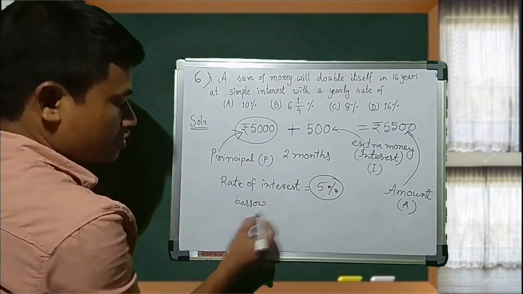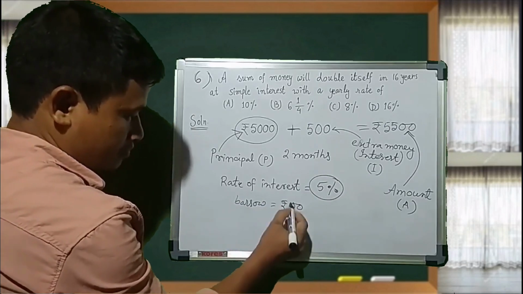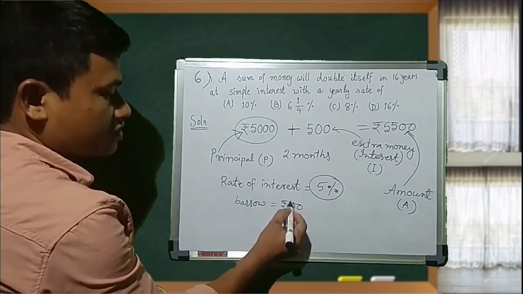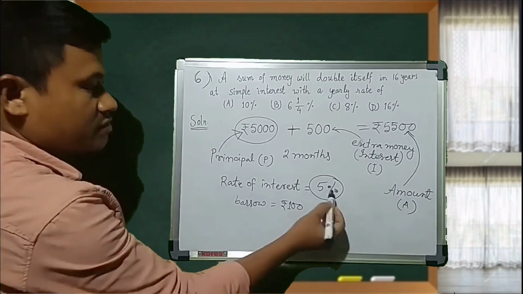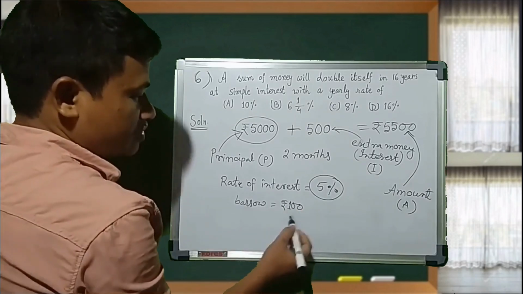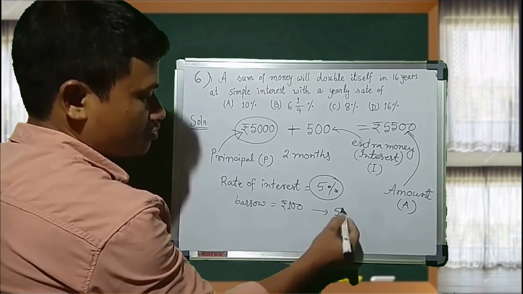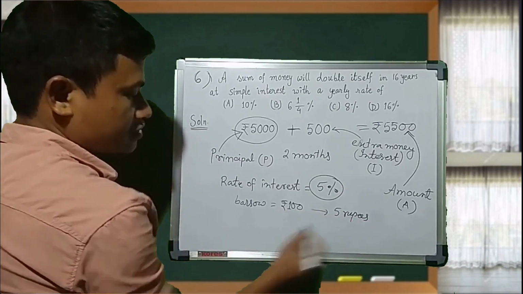If I borrow 100 rupees, where does the 100 come from? The 100 comes from this percentage. This percentage denotes 100 rupees. If I borrow 100 rupees, then I have to pay extra money, 5 rupees. 5 rupees means interest.